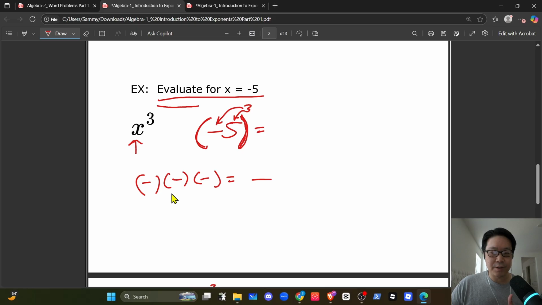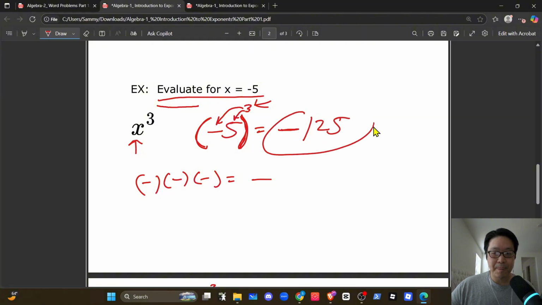A negative raised to an even power, like negative times a negative, or negative raised to the fourth power, anytime you get a negative raised to an even power, you're going to get a positive. Since 3 is odd, you're going to end up with a negative answer. So you can write a negative there, and then just do 5 cubed. 5 times 5 times 5 is 125. That's going to be your answer.